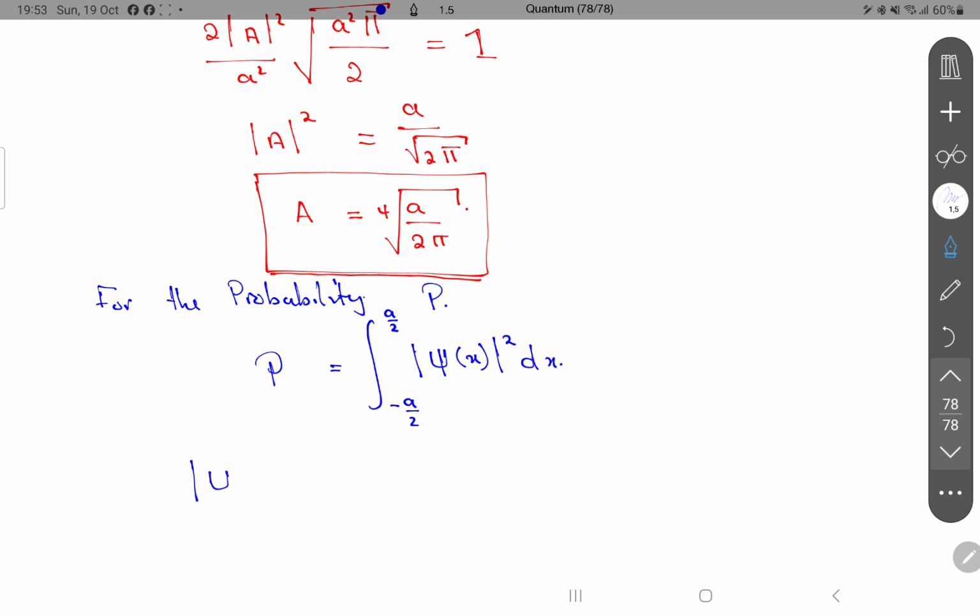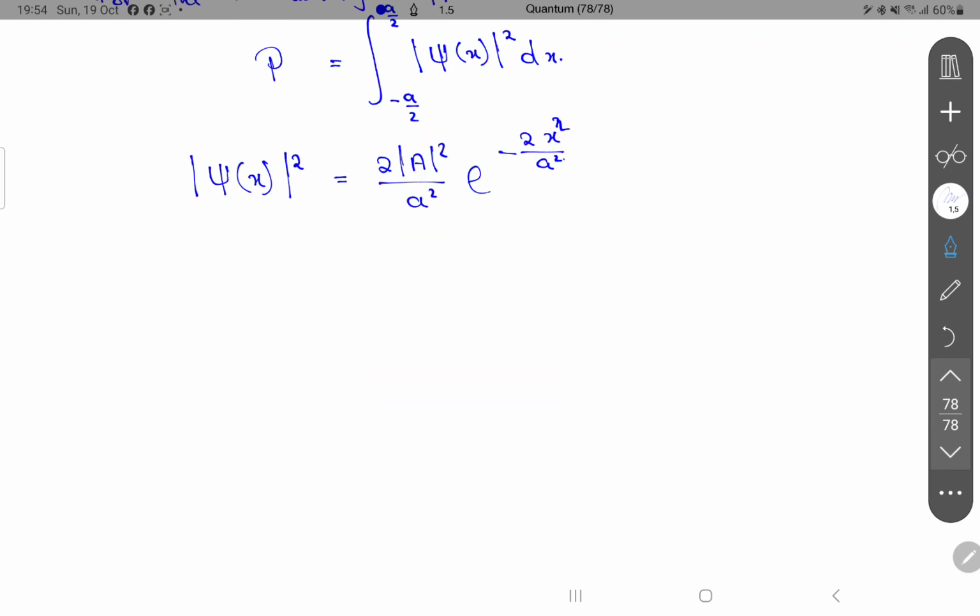We are saying the probability density with a normalized vector is going to be 2a squared over a squared e to the power negative 2x squared over a squared. Remember this part here. Remember that our a squared was actually a over root 2 pi.